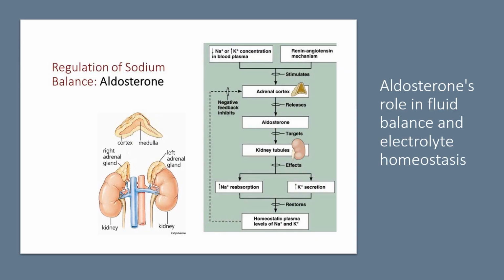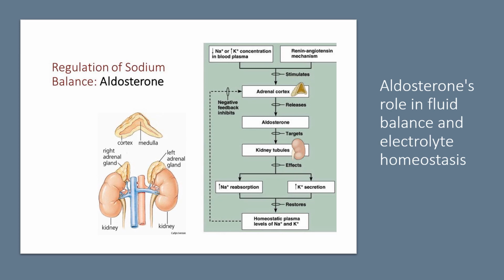Aldosterone's role in fluid balance and electrolyte homeostasis. By conserving sodium ions, aldosterone contributes to fluid retention, leading to an increase in blood volume. This increased blood volume ultimately leads to higher blood pressure, which is important for adequate perfusion of organs and tissue.